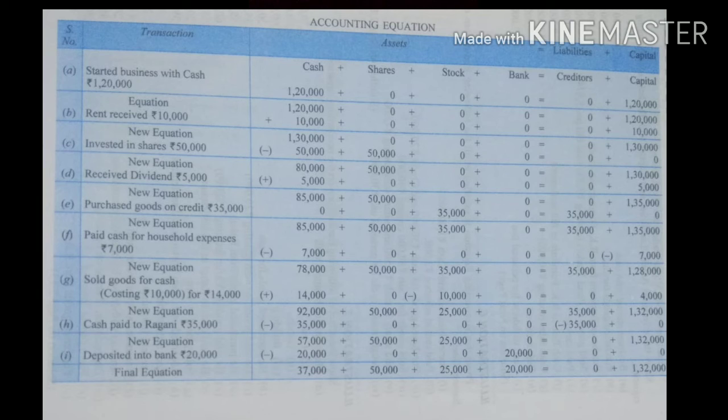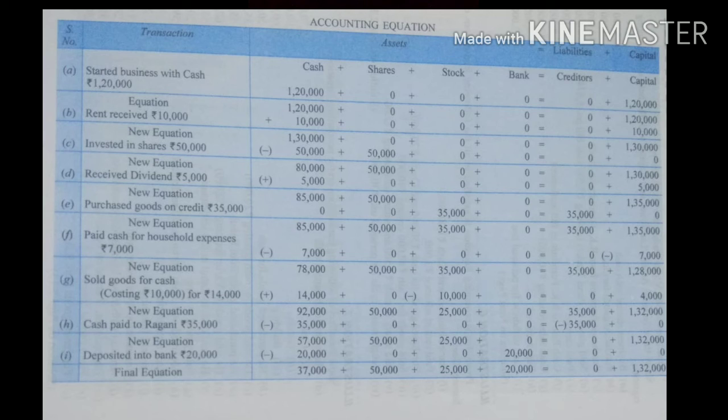So whatever you are receiving is added in the cash. Whatever is going, that is your stock, deducted from your stock column, and the net effect is 4,000. Actually your capital is increasing by 4,000. Your cash is also increasing by 4,000 and capital as well, but you have to show each and everything. You can't miss out the stock at a time.